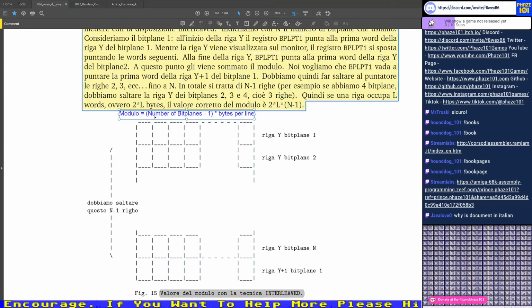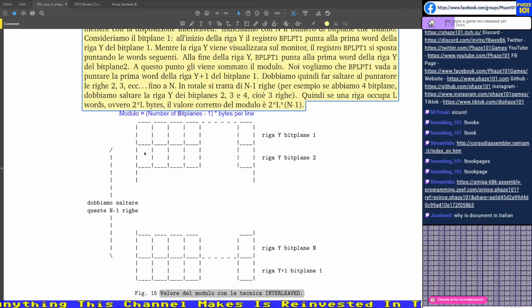Why is that? If we have 3 bit planes, the first line, line 0, is for bit plane 1, but line 1 starts after we jump the lines related to bit plane 2 and bit plane 3.